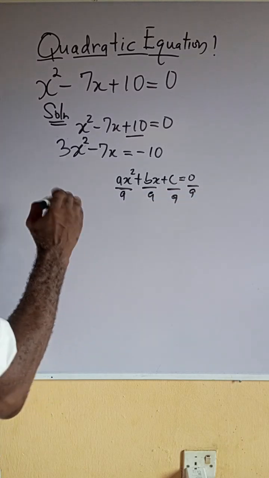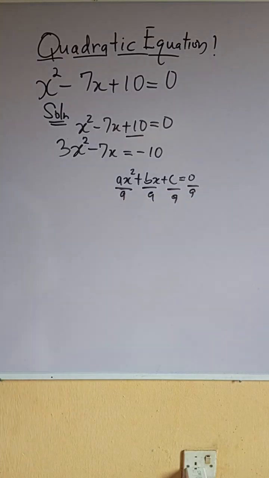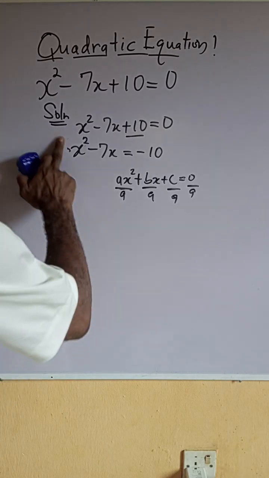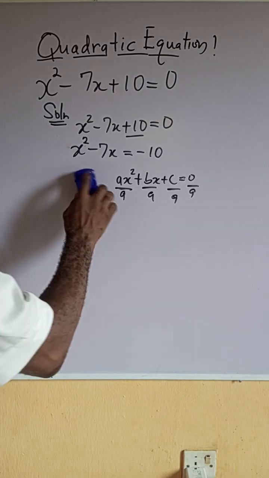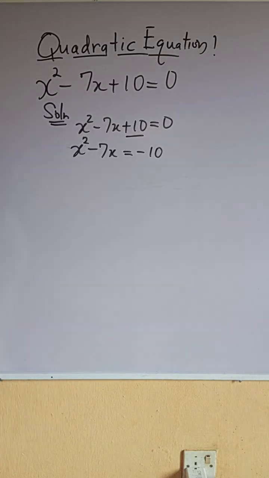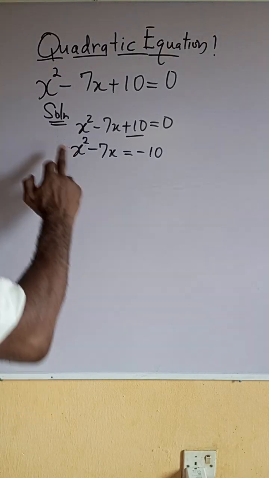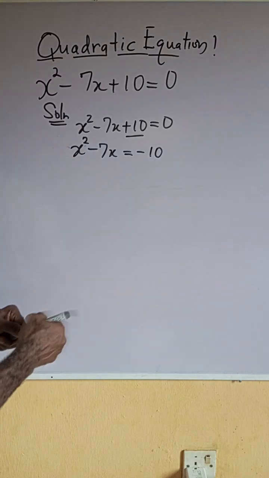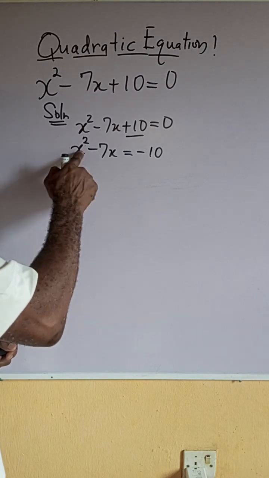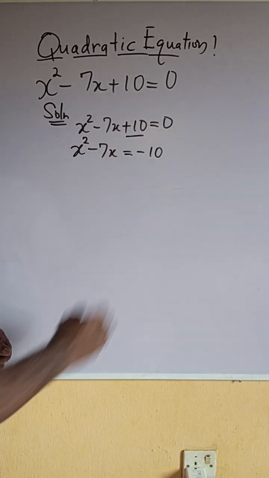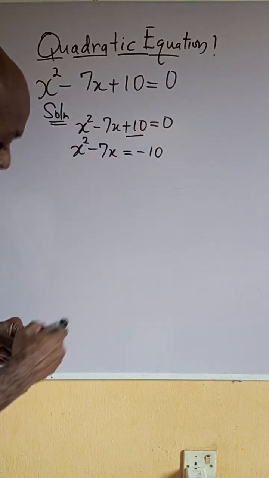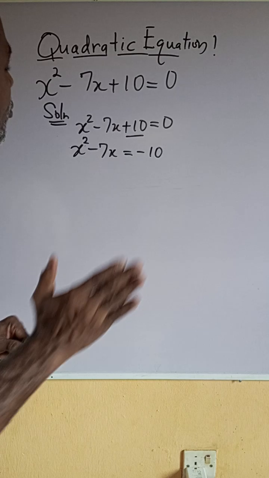Okay? Now, we are not going to use that method. We are not going to divide by anything, because here the coefficient of x squared is unity. So we skip that particular step and then move to the next step.